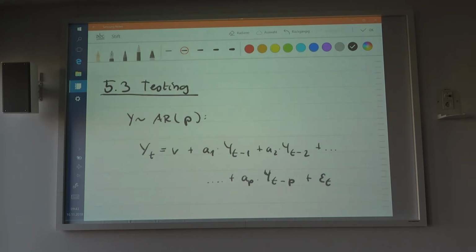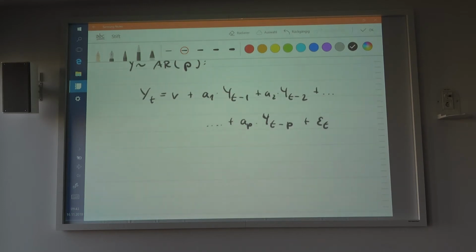Now suppose that Y is stationary. Then the asymptotics are as follows.